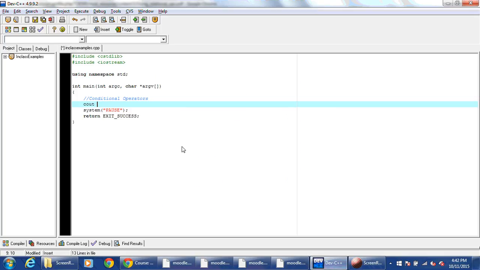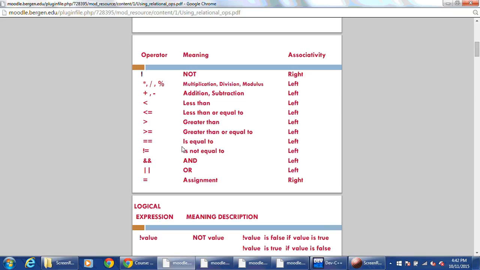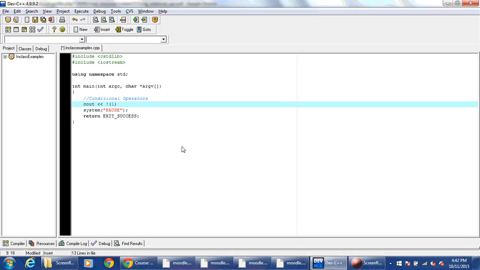If I say not 1, and I'll explain to you why I'm using not 1, or 6 plus 5.